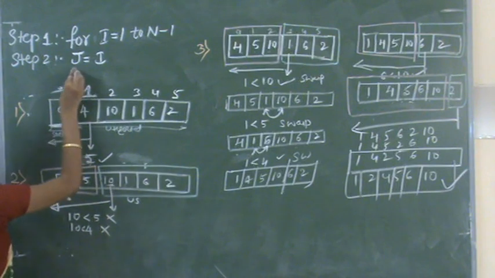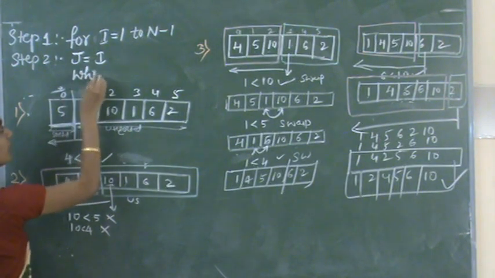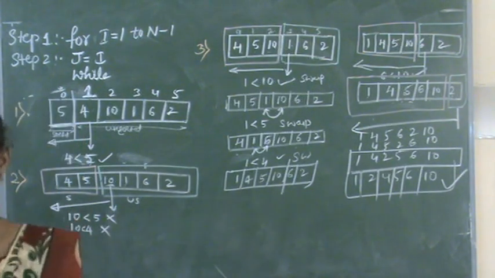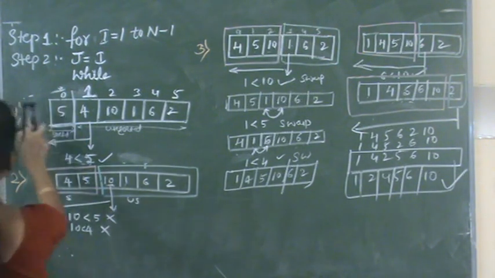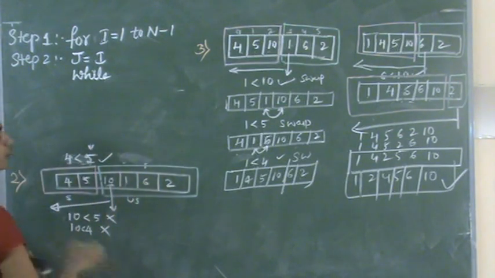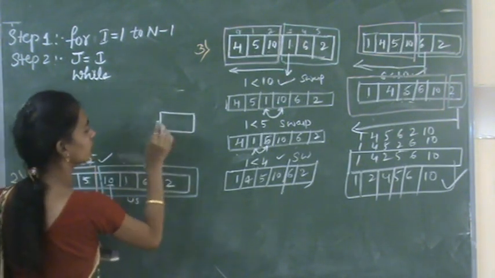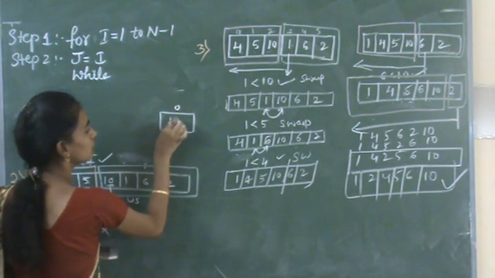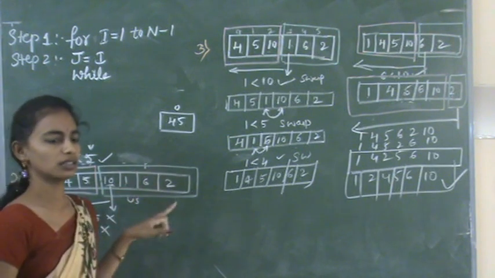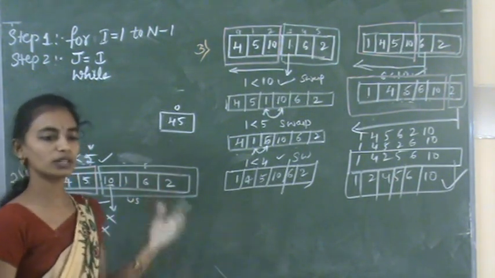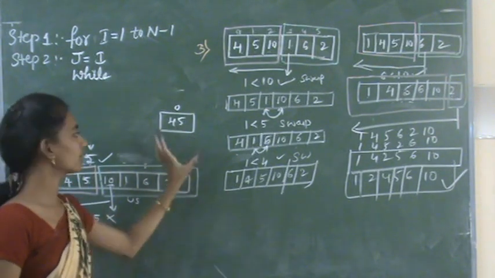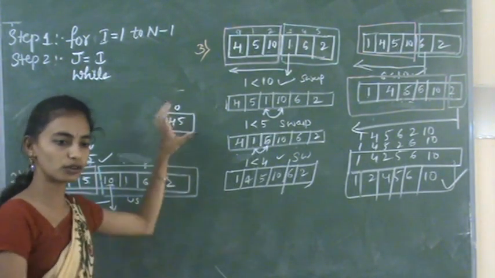Now check the condition. Suppose the array has only one element, the 0th index, that is 45. Can we sort this? It is already sorted, since only one element is present. We cannot do a sort operation for this array.